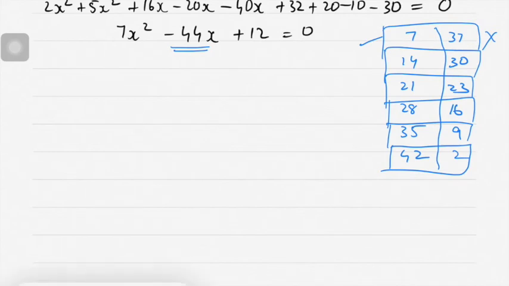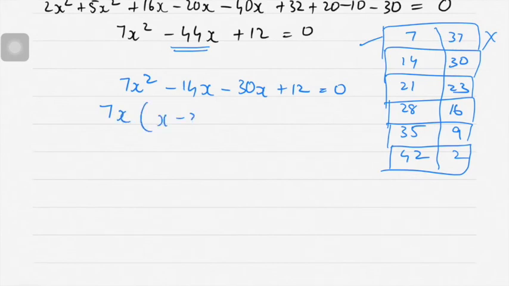Now let me take the second option. So 7x square minus 14x minus 30x plus 12. Okay. When I do this, I'll take 7x out. x minus 2 is remaining, from here.